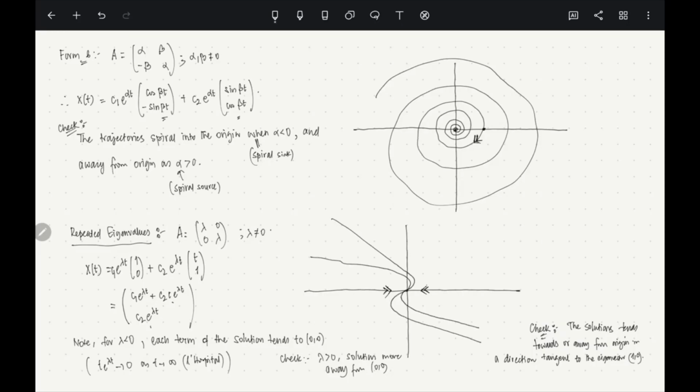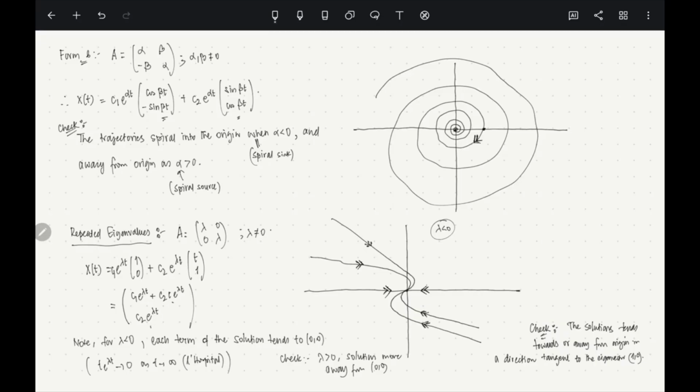You see, moving in, moving away. So let me just do it for the lambda negative case. This is all moving in towards the origin.